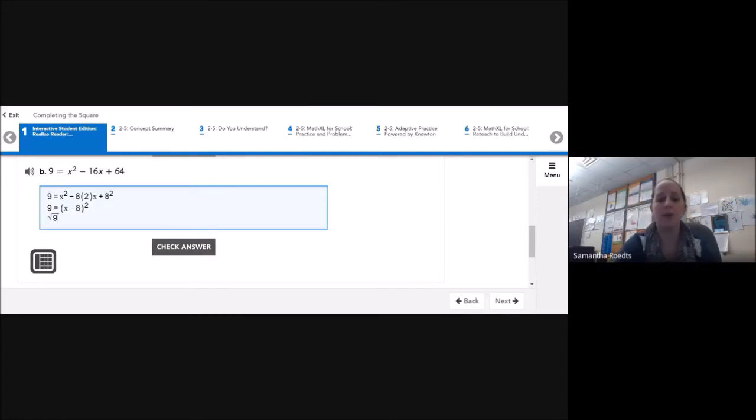I'm going to take the square root of 9 and the square root of x minus 8 squared. When I do that, I get plus or minus 3 equals the absolute value of x minus 8. That gives me 3 equals x minus 8, or negative 3 equals x minus 8. I'm going to add 8 to both sides, so that gives me x equals 11, or x equals 5. Negative 3 plus 8 gives me 5.